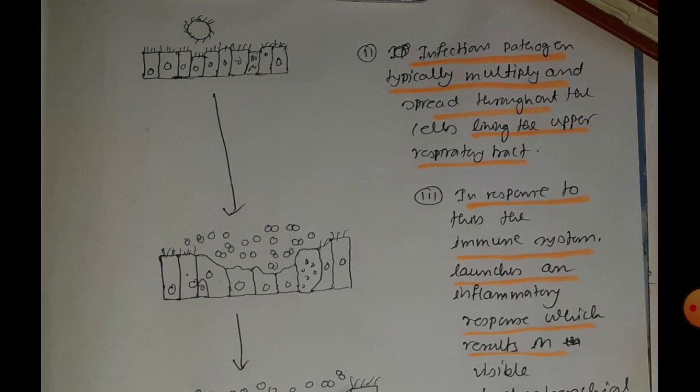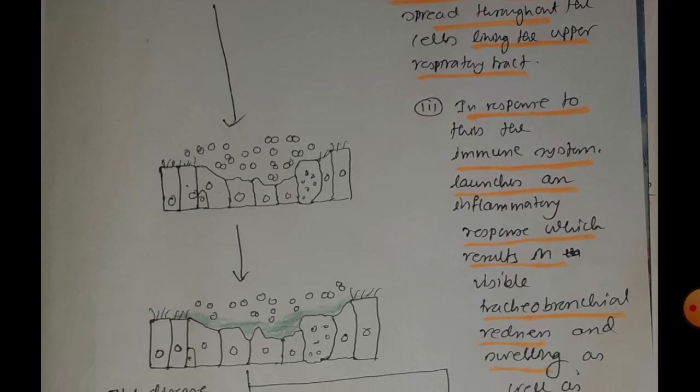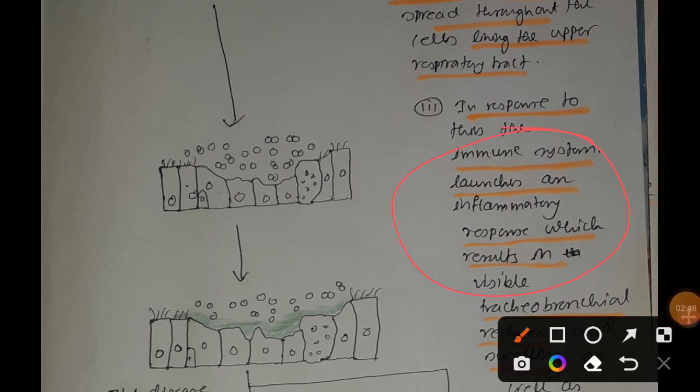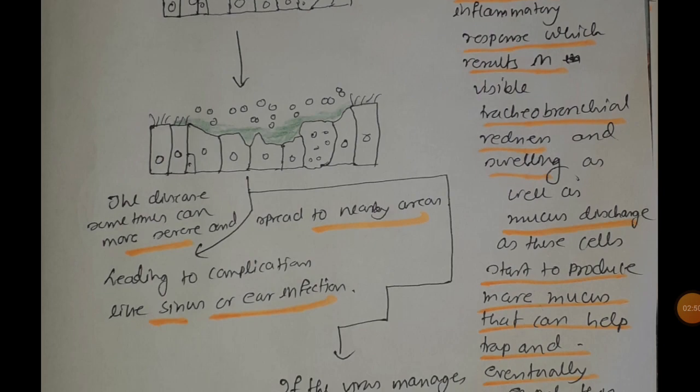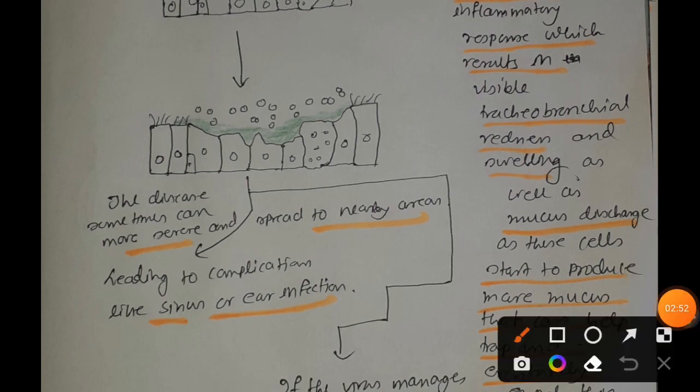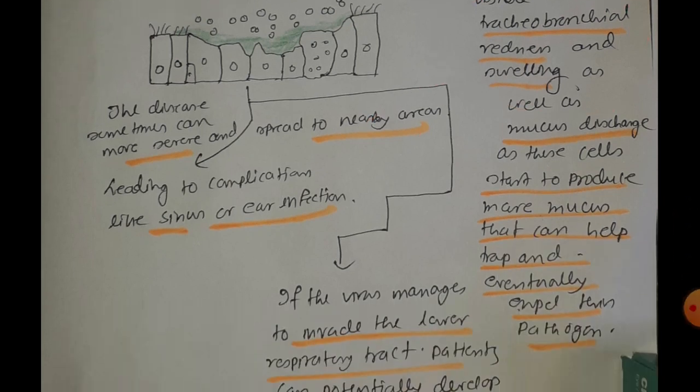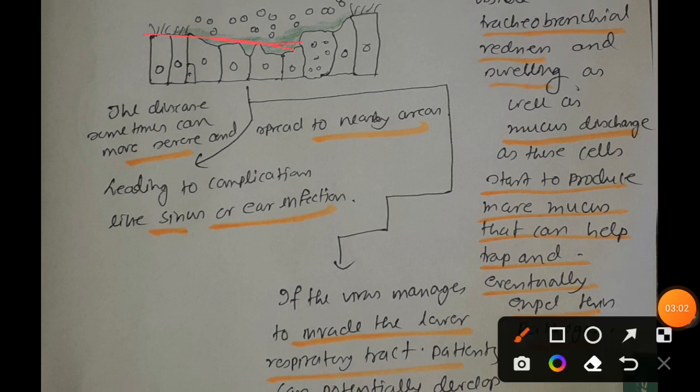Now once a foreign particle is inside our body, our immune system launches the inflammatory response, which results in visible tracheobronchial redness and swelling, as well as mucus discharge. There will be mucus discharge because cells start to produce more mucus than usual, which helps by trapping the virus to expel it from the body.